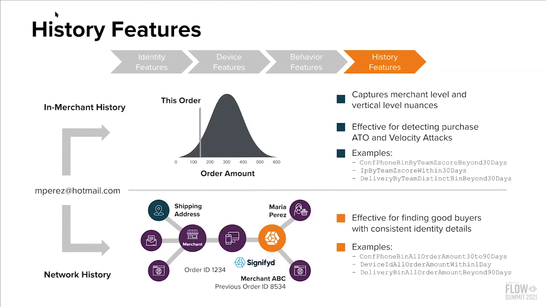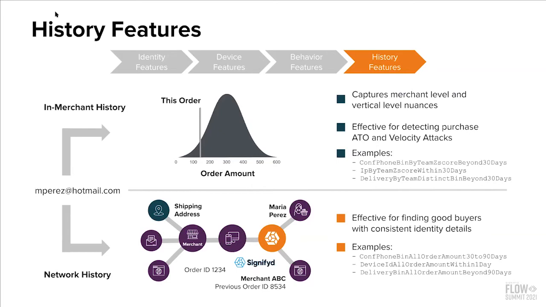So that's one class of features wherein we capture the vertical information, the merchant information, and the user level information. Then the second class is where we use the breadth and depth of our network. And here we are asking, hey, has mperez@hotmail.com ever been seen? Maybe it is new to this merchant specifically, but more than likely, Signifyd has seen this person. What's the history like?